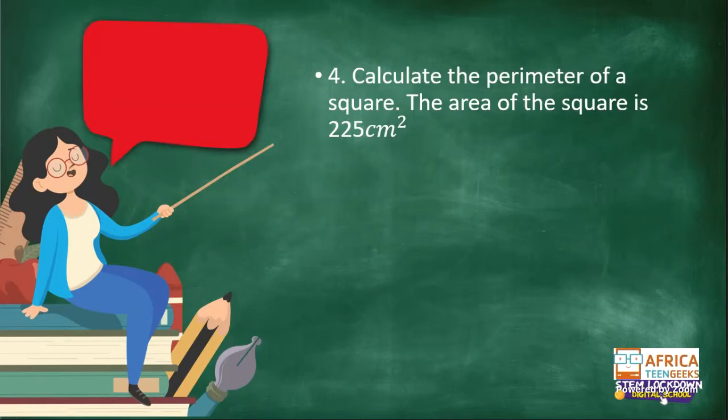What we need to calculate is the perimeter of the square. So we now know the area, and we need to find the perimeter. Let's carry on.